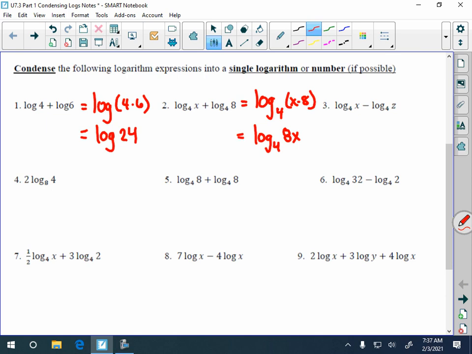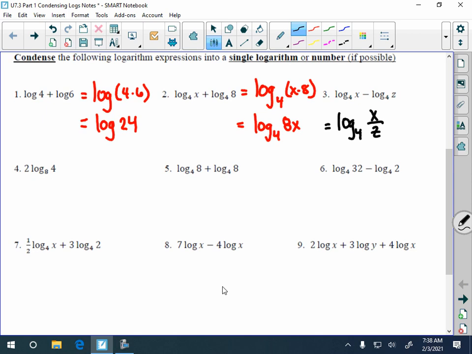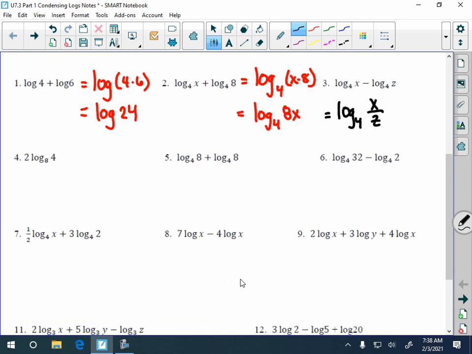All right, 3, here we have log base 4 of x minus log base 4 of z, so subtraction is going to condense into a fraction. So log base 4 of x over z. All right, number 4, 2 times the log base 8 of 4.